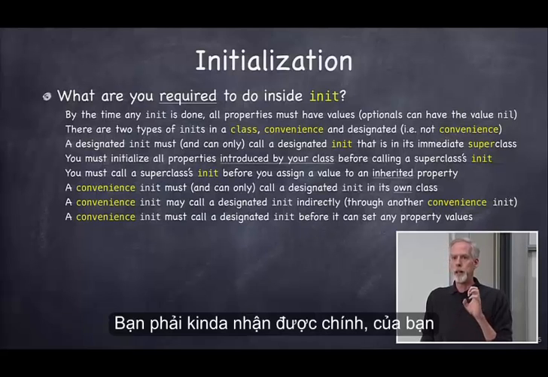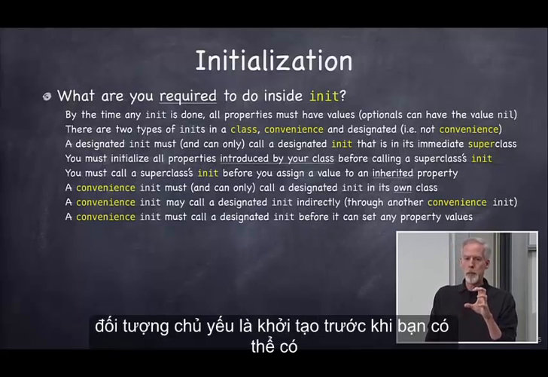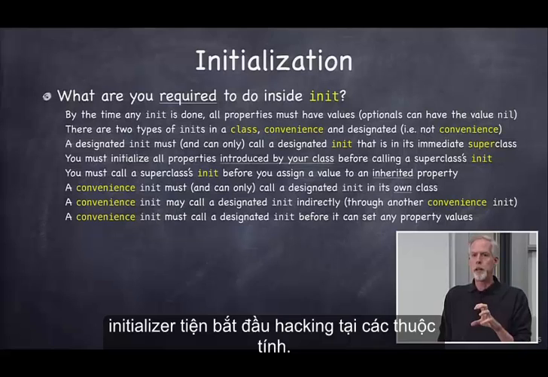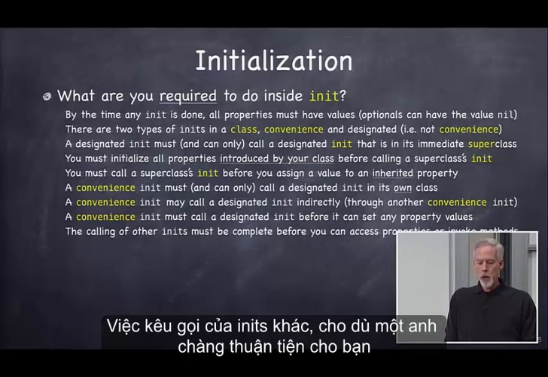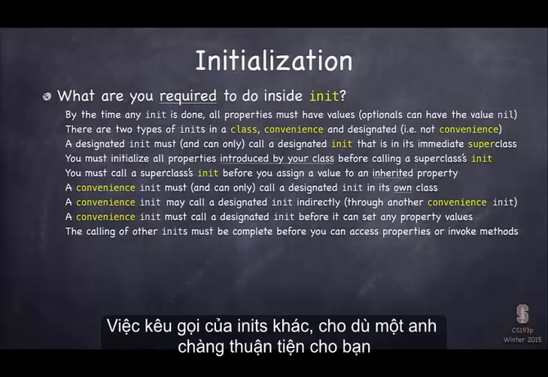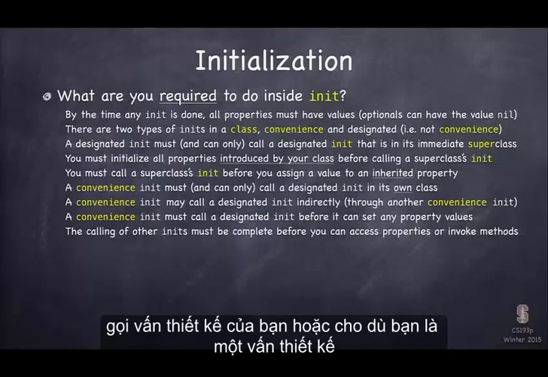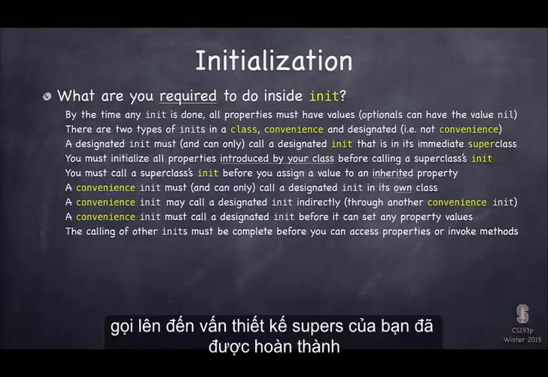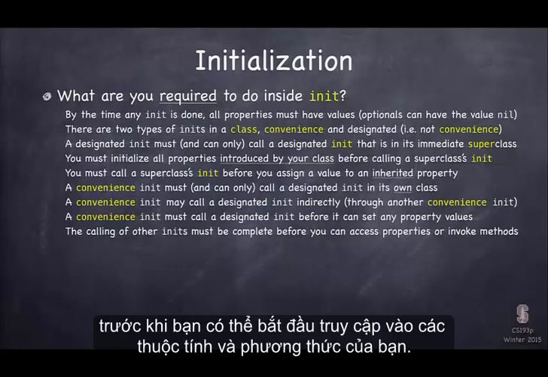You have to kind of get your object primarily initialized before you can have the convenience initializer start hacking at properties. The calling of other inits, whether you're a convenience initializer calling your designated one, or whether you're designated calling up to your super's designated one, has to be complete before you can start accessing your properties and methods.